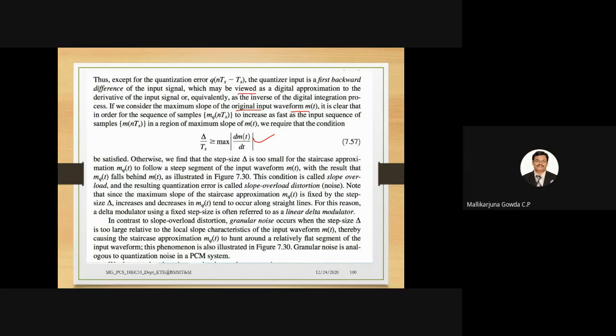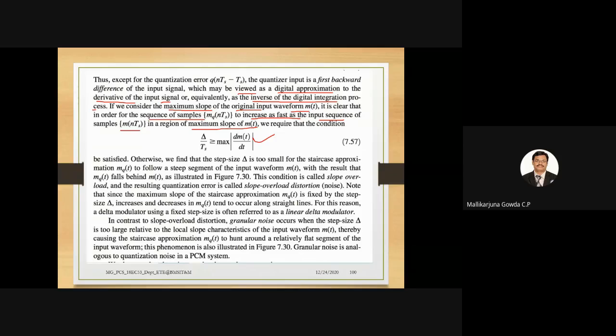So what we have seen is the digital approximation to the derivative of the input signal, or equivalently the inverse of the digital integration process. If you consider the maximum slope of the original input waveform m(t), it is clear that in order for the sequence of samples mq(nTs) to increase as fast as the input samples m(nTs) in a region of maximum slope of m(t), we need to satisfy this condition.